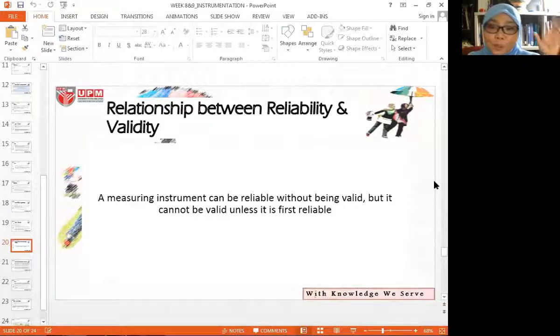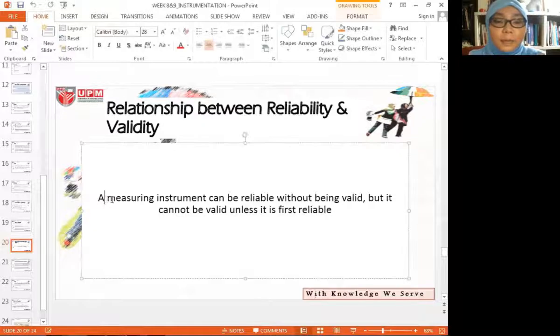Understand? An instrument that is reliable is not necessarily valid. An instrument that consistently measures something does not necessarily measure what we want to measure. But an instrument that is measuring what we want to measure, for sure it is reliable. It is consistently measuring the same thing. Understand?